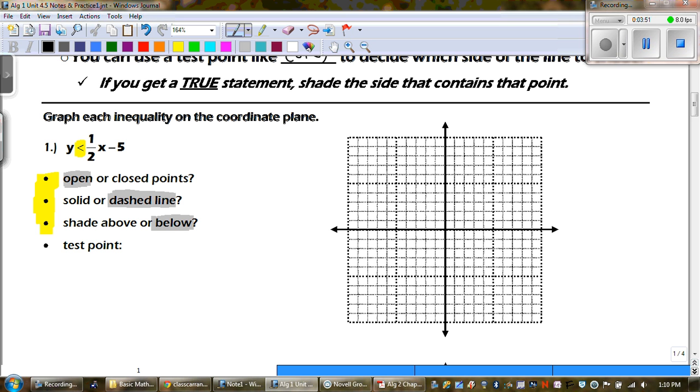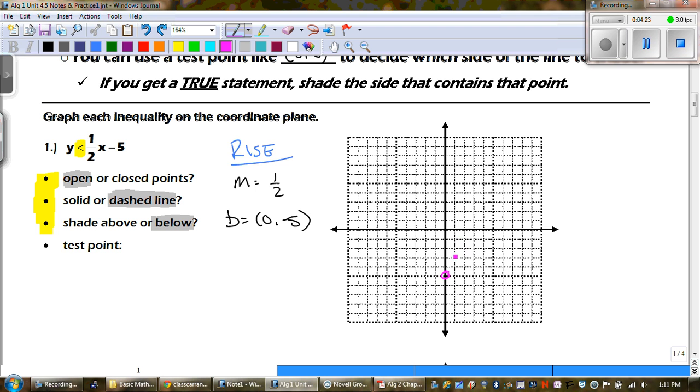Now, let's graph before we worry about this test point. Now, our slope is 1/2. Remember, we get the slope from right there. Okay? That slope is a positive slope, so I know my graph's going to rise. And our y-intercept is (0, -5). Okay? So at (0, -5) is where I start, and we said it's open, so I'm not closing that in like we used to.